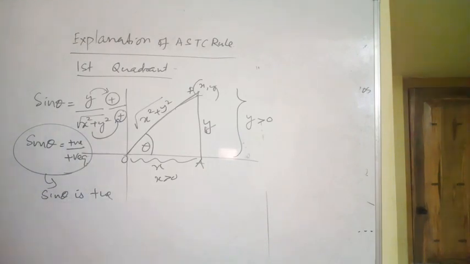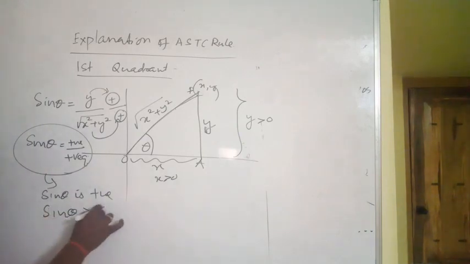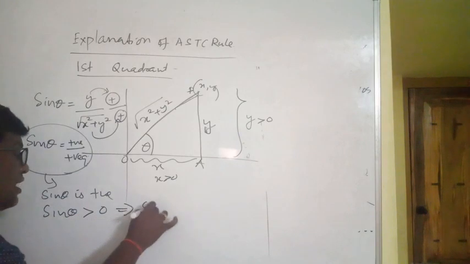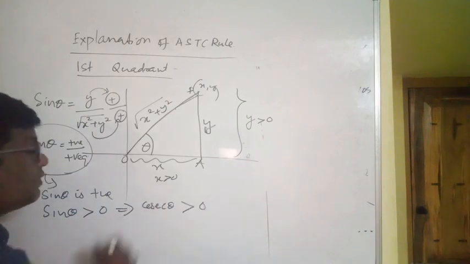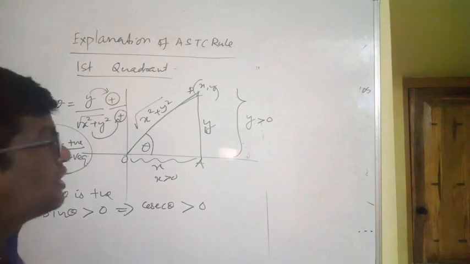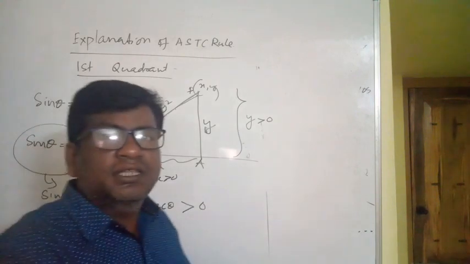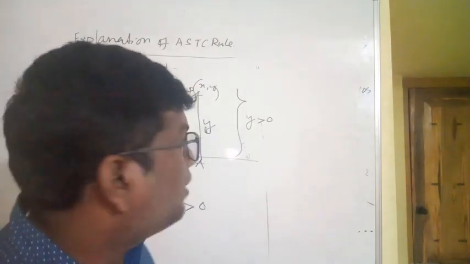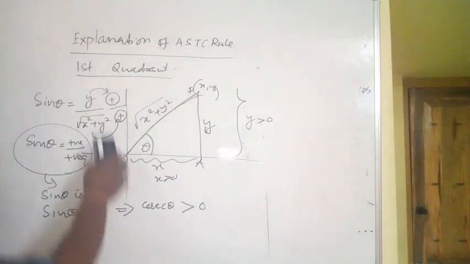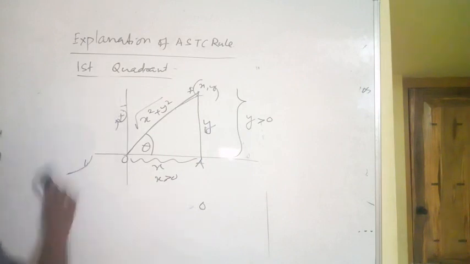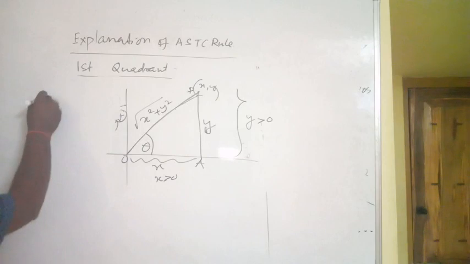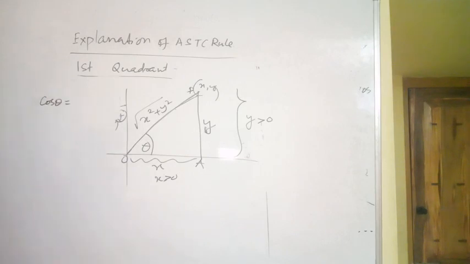So sin theta is positive. If sin theta is positive, then its reciprocal is also positive. Sin theta greater than 0 implies cosec theta is also greater than 0, because cosec theta is equal to 1/sin theta. Then cos theta. Cos theta is equal to b by h, that is x/√(x² + y²).